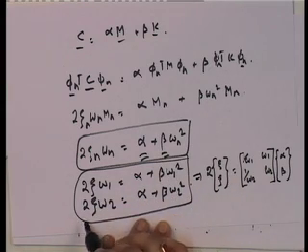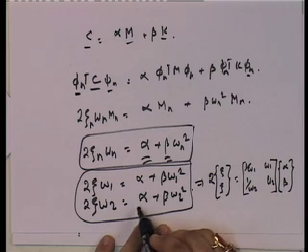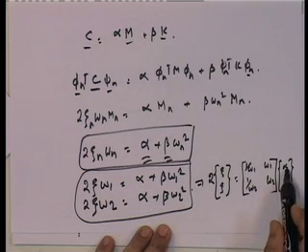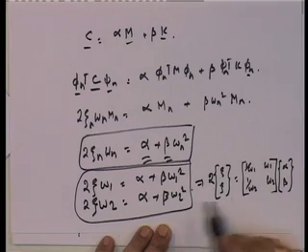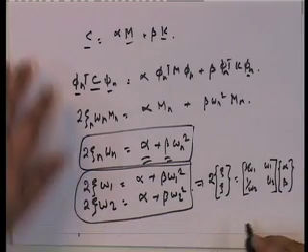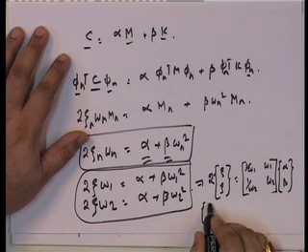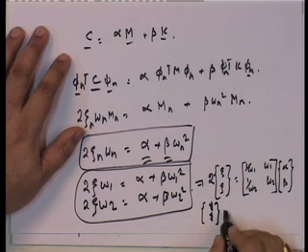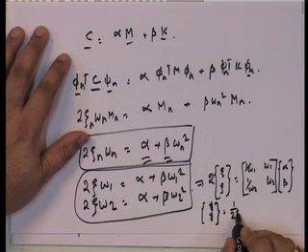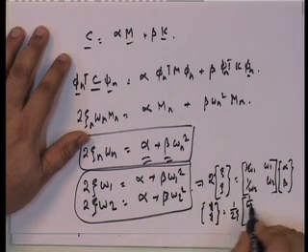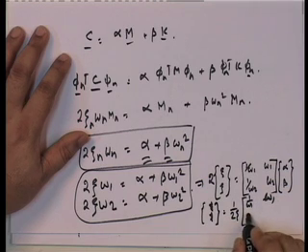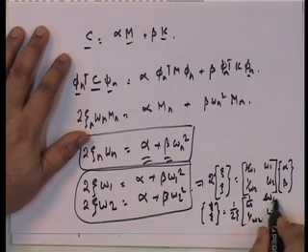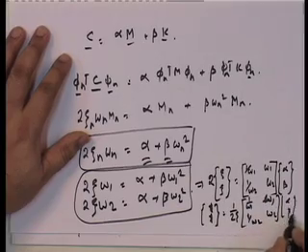The bottom equation is 2 xi is equal to alpha upon omega 2 plus beta omega 2. So, I can solve for alpha and beta from here.